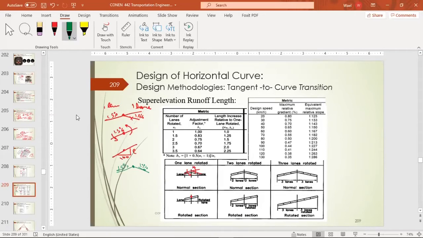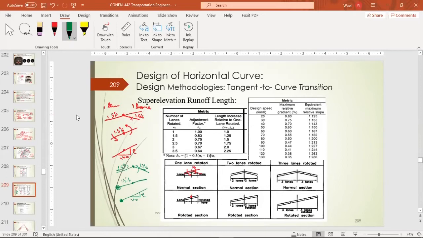Then this turns to be on the same line, so both sides have 1.5%. Then, in order to achieve our super elevation, we rotate around the edge. So here we have E, and here.